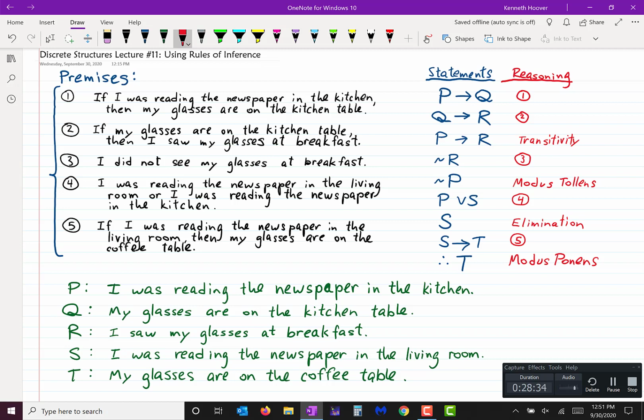Okay? And we started with 5 premises, but we constructed 3 more premises. Let me point that out. We started with these 5: 1, 2, 3, 4, and 5. We constructed 3 more premises, which were each small conclusions of their own, which is this one, and this one.